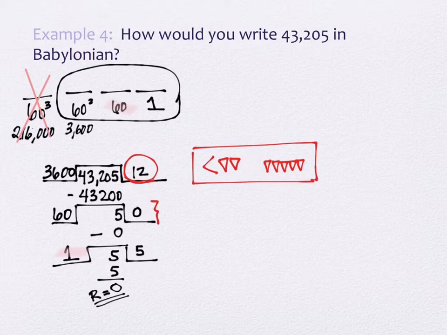At best, we might think that this is 5 1s and 12 60s when it's really supposed to be 12 60 squareds. Does everybody see the problem here? It's a legit problem, not good, but it's the best that we can do. All right, so this is in fact our answer.